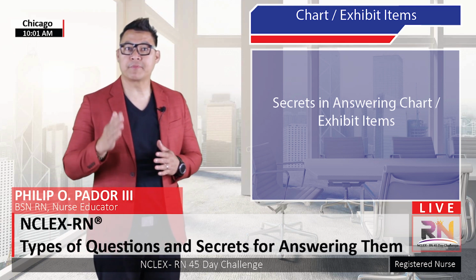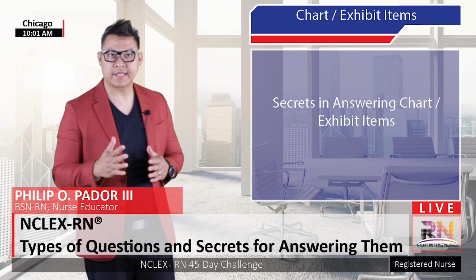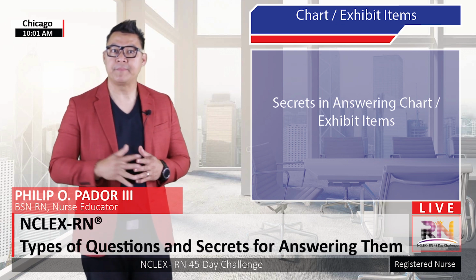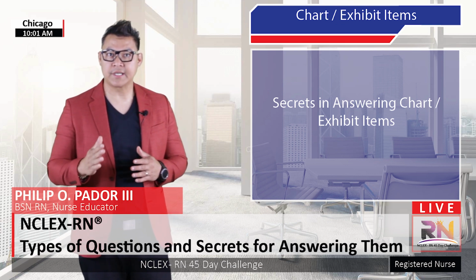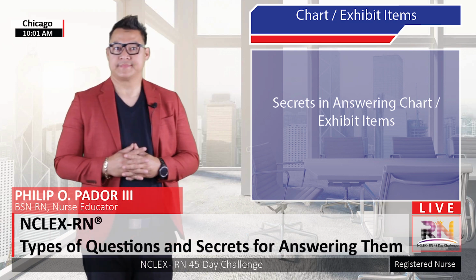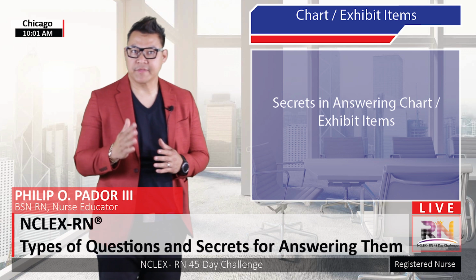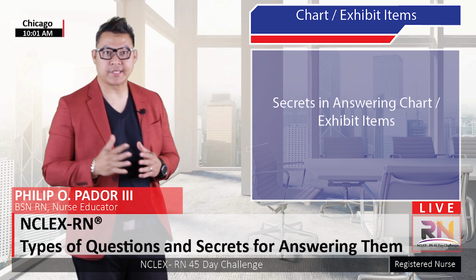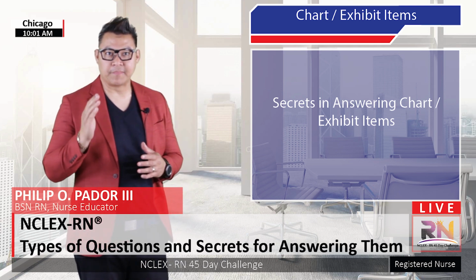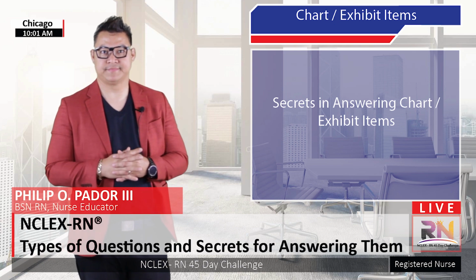Read the information provided on the chart or exhibit and identify the information that is essential to the answer and the questions. Double-check your answer by being sure you have obtained all of the data necessary to answer the questions and that the answer is complete and plausible.